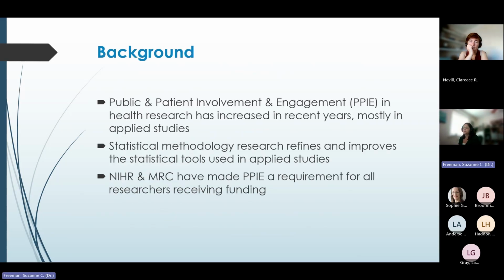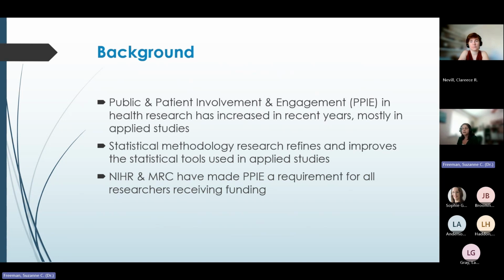So most people probably are aware that in recent years, public and patient involvement and engagement has been increasing, and that's particularly in applied research studies. And statistical methodology research then is about refining and improving the statistical tools that we then use in our applied health research studies.